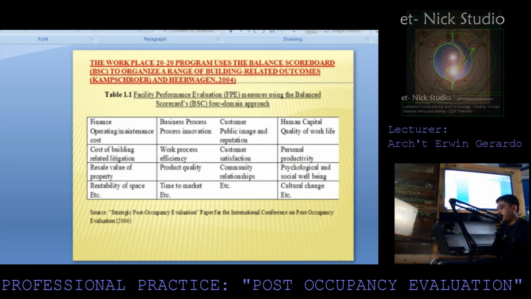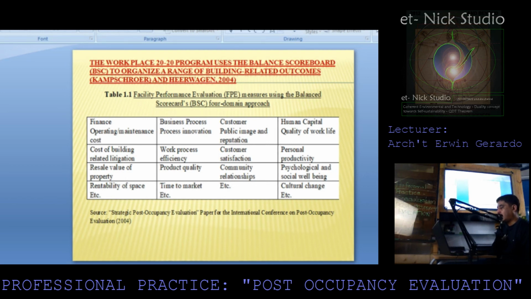Then business process. Under business process, we have process innovation, work process efficiency, product quality, time to market, and so on. Third is customer: public image and reputation of the structure or the building, customer satisfaction, and community relations.